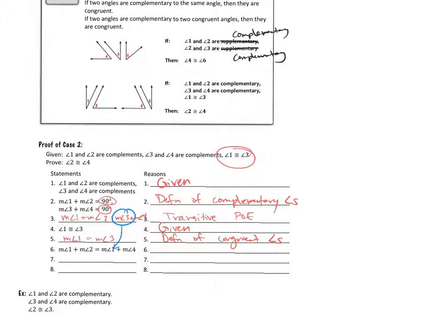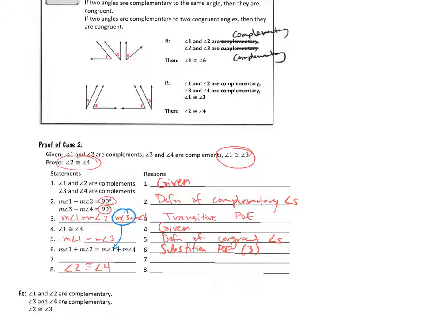So this one, it's not a transitive property of equality. In this case, the only correct answer to our reason is the substitution property of equality, and we substituted into step 3. Again, my last two lines are blank. But I know that I want to prove that angle 2 is congruent to angle 4, so that's going to go there.